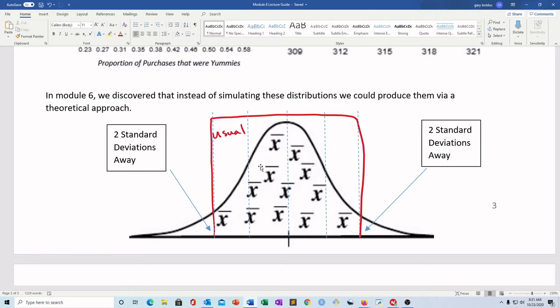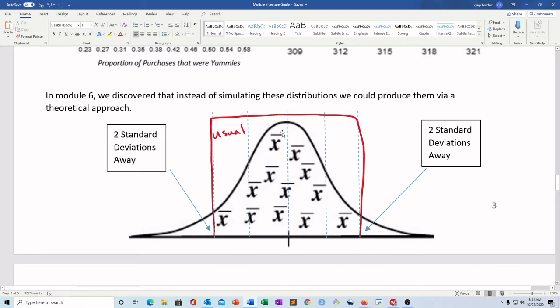Anytime you have a bell curve like this, this curve is normal, but anytime you have a picture that's similar to this, we expect that 95% of the samples, remember X bars are samples, the statistics, the data points, the dots in the whole picture, will fall in this red box.